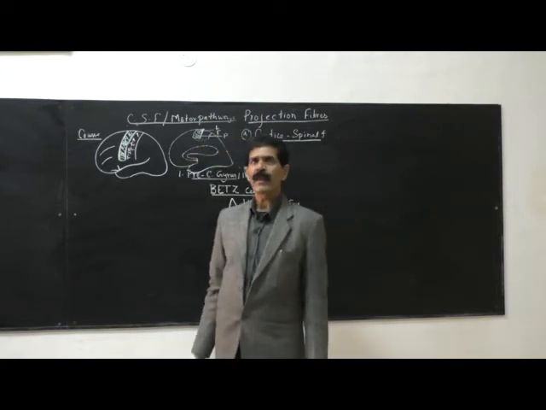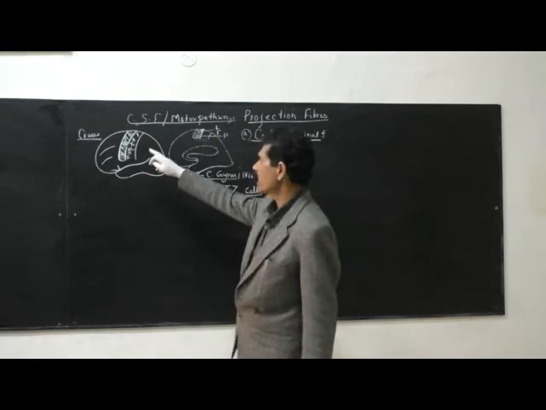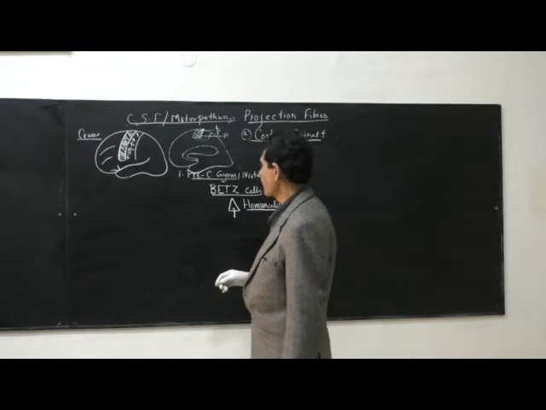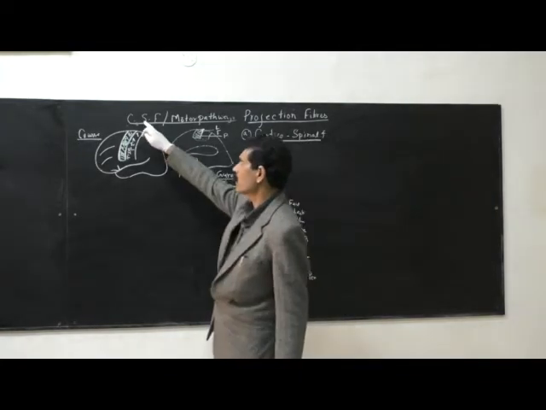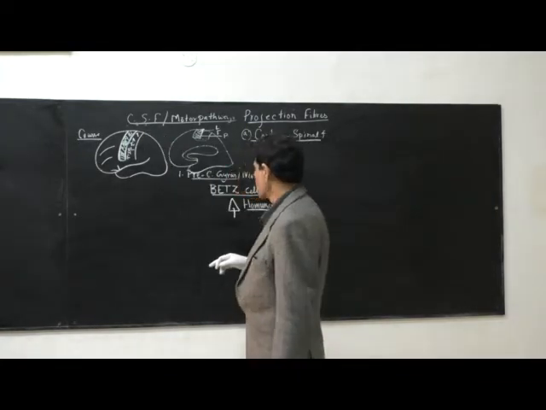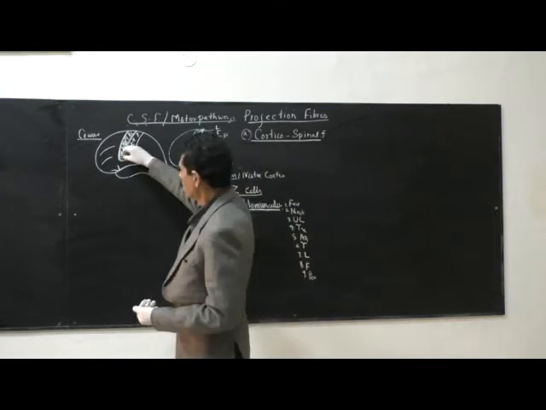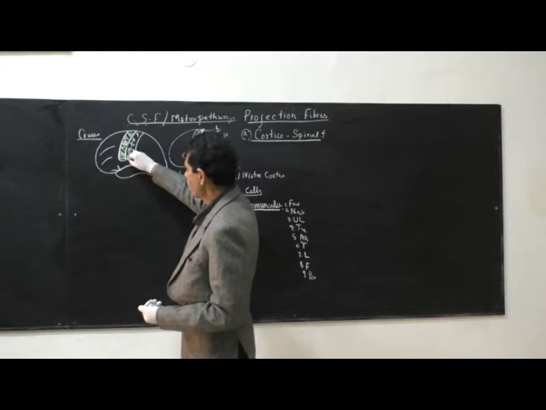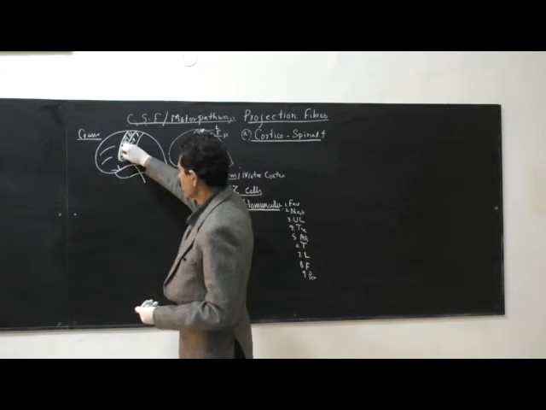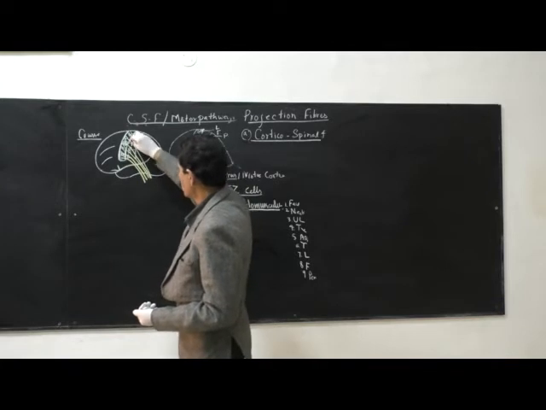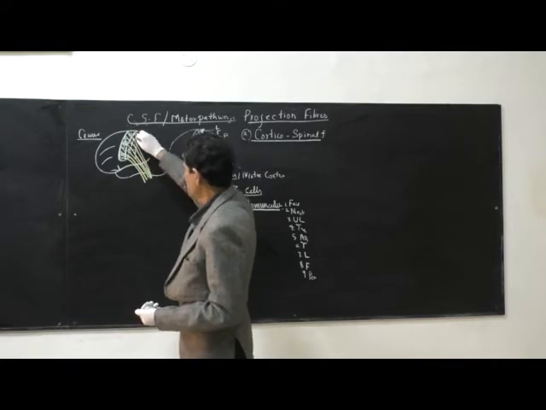So the corticospinal fibers start from the precentral gyrus and they descend downward because their destination is the spinal cord. These fibers arise from the precentral gyrus to supply the muscles of the face, for example, then muscles of the neck, then muscles of the thorax, upper limb, then muscles of the abdomen, muscles of the thigh, and so on.